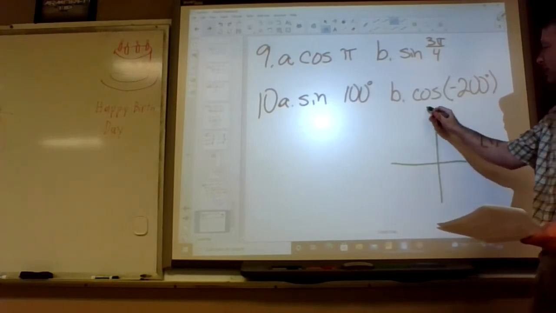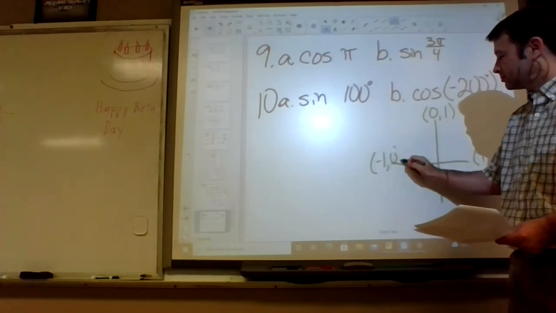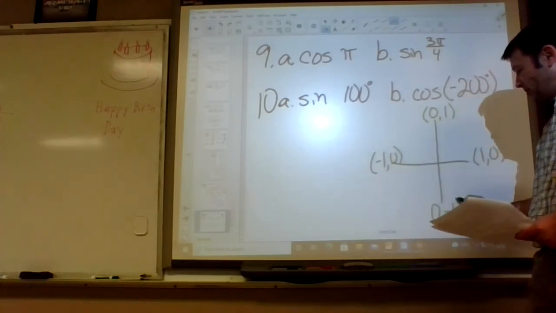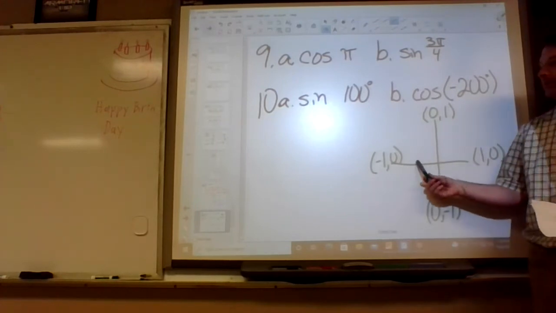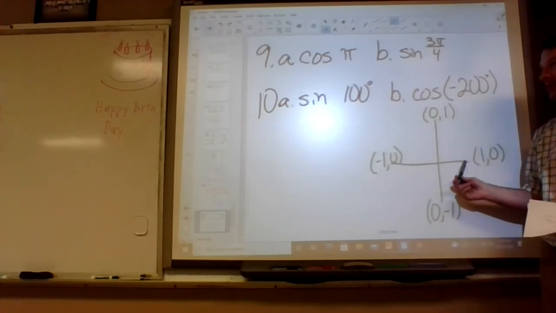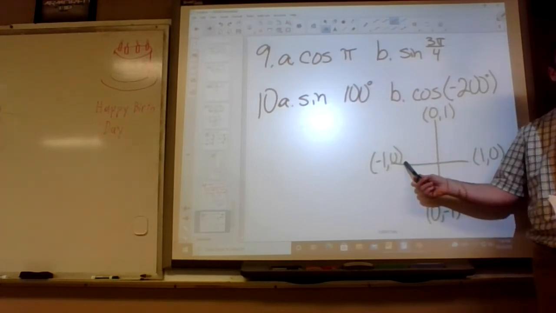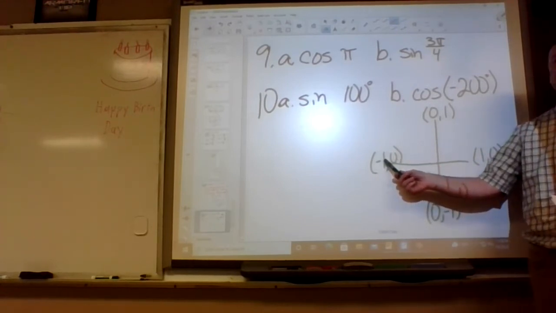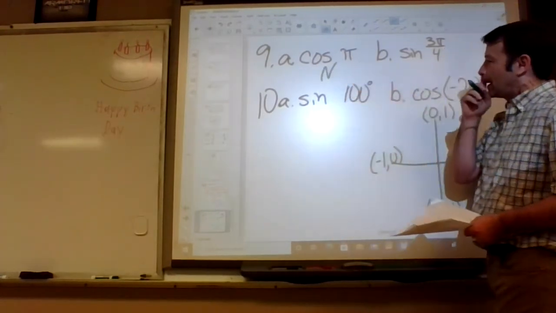What was cosine based on? The x. Cosine was based on the x. So at pi, you guys remember where pi's at? The x value is negative 1, right? So the answer is negative.